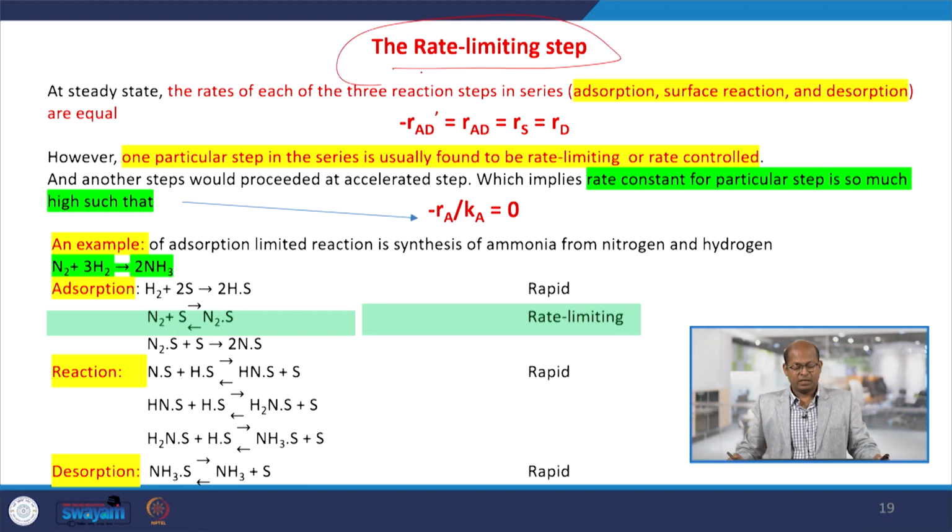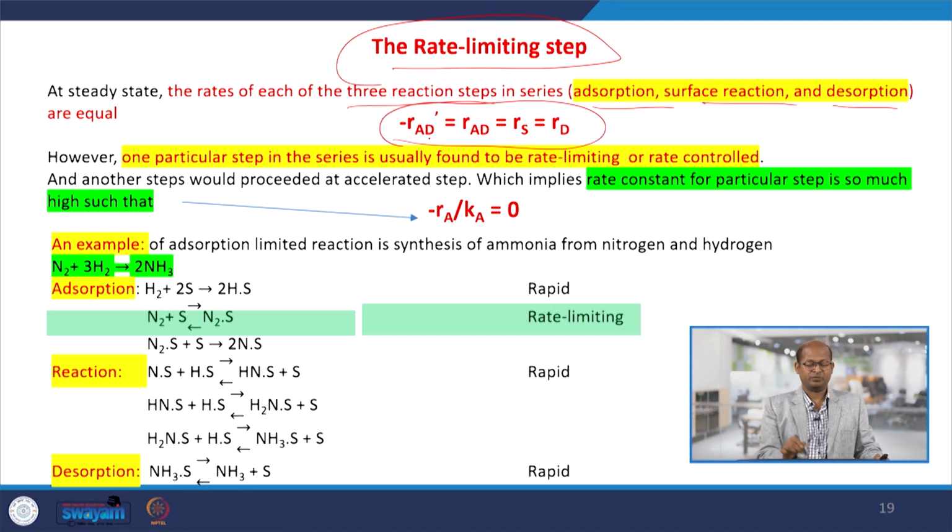There are 3 reaction steps: adsorption, surface reaction and desorption. At equilibrium, minus RAD prime equals RAD, RS, RD, the adsorption, surface reaction and desorption rates, all at steady state. So the 3 reaction steps are equal.